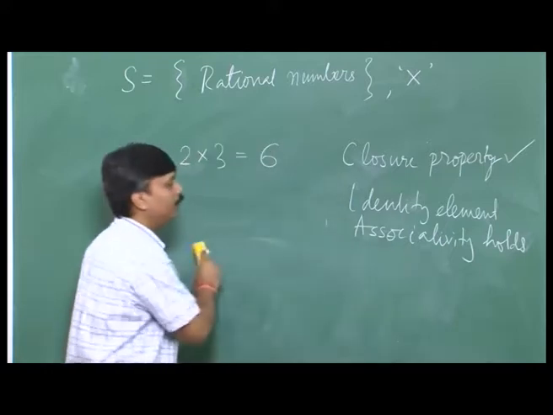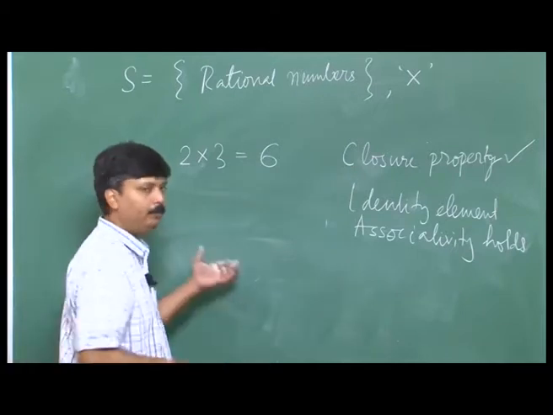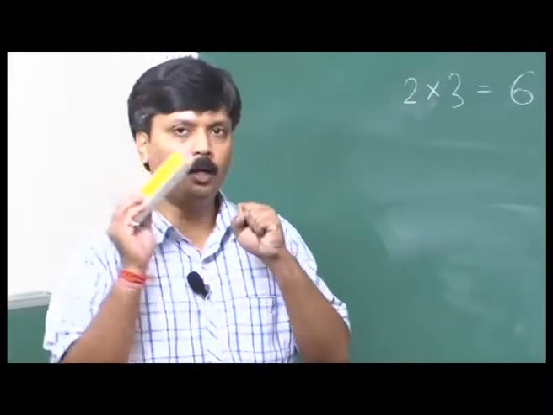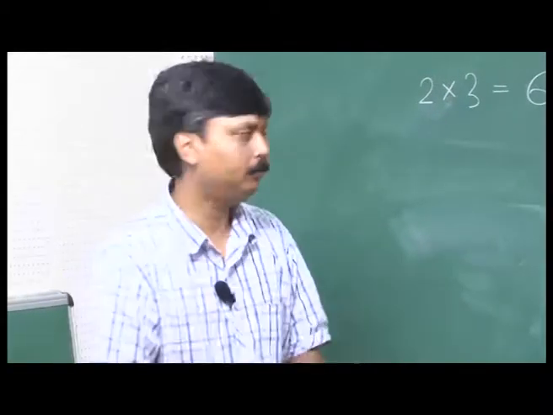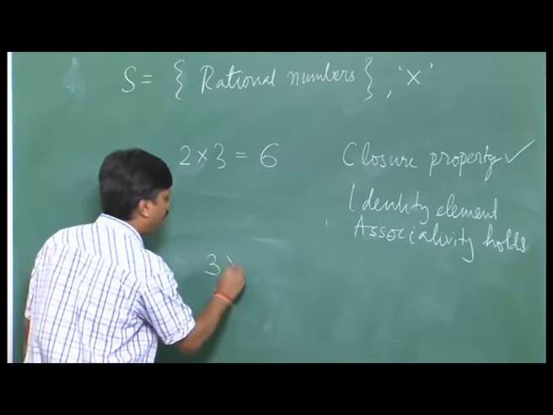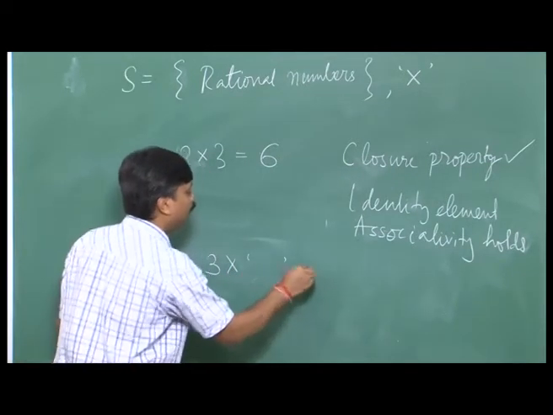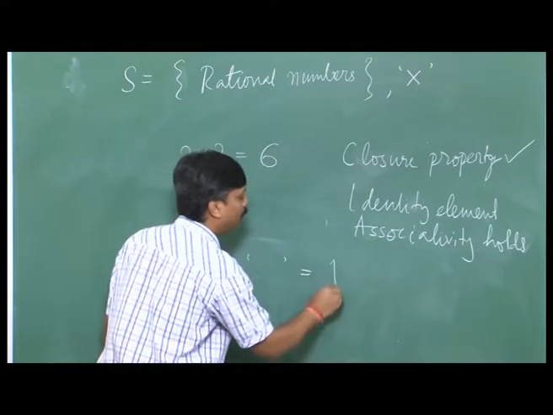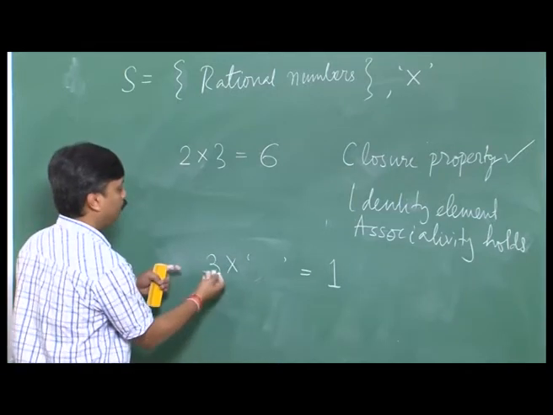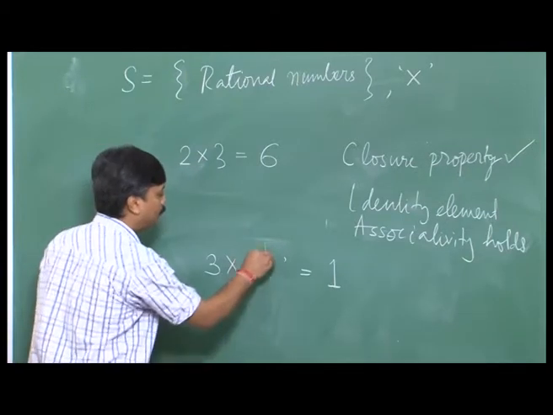Now we are left with the existence of a unique inverse. So what does a unique inverse do to any element belonging to a set? That inverse will combine with the element to produce the identity. So let us take 3. I have to combine it with something which will produce my identity, which I already have got as unity. And similarly if this is commuted, the answer is obvious. I should have something like this.